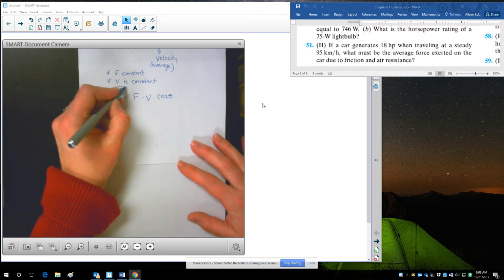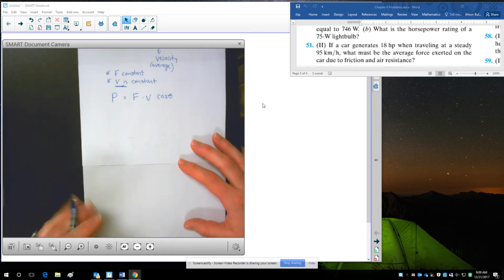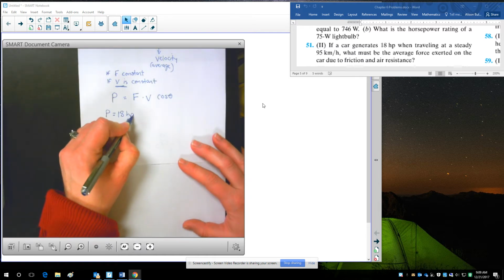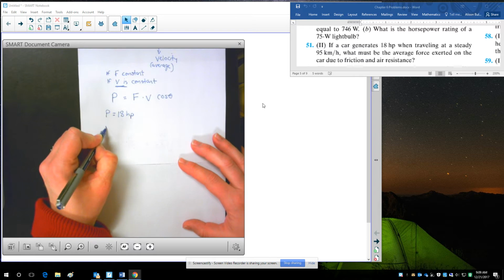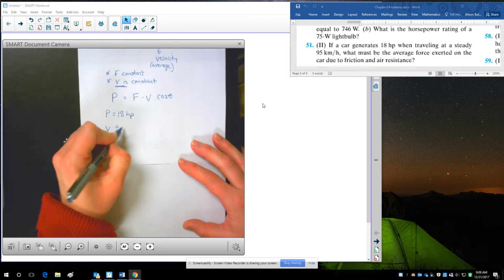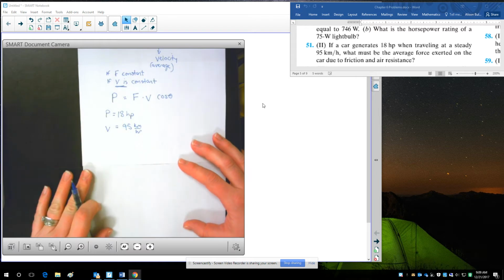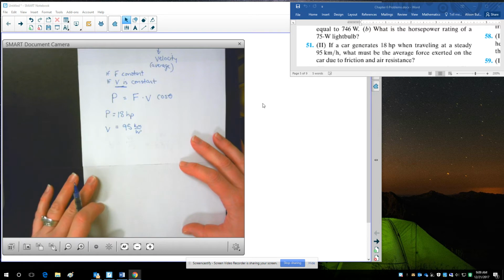So there we have that velocity is constant. So I've got power equals 18 horsepower, and velocity is constant, 95 kilometers per hour. What must be the average force exerted on the car due to friction and air resistance?